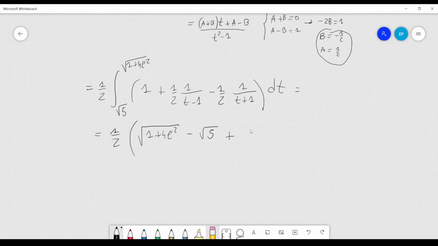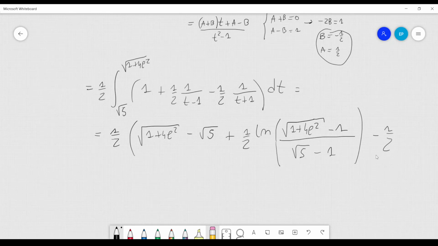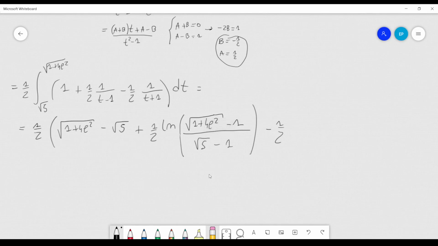Then we have plus 1 over 2 natural logarithm of the square root of 1 plus 4e squared minus 1, divided by the square root of 5 minus 1, and then we have minus 1/2 the logarithm of the square root of 1 plus 4e squared plus 1 divided by the square root of 5 plus 1.